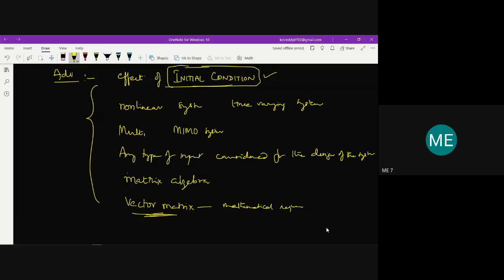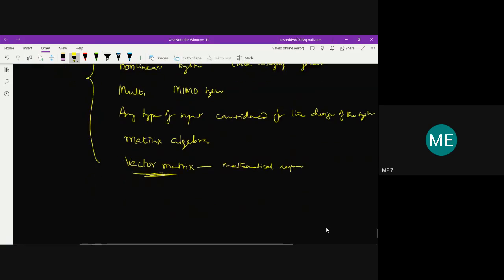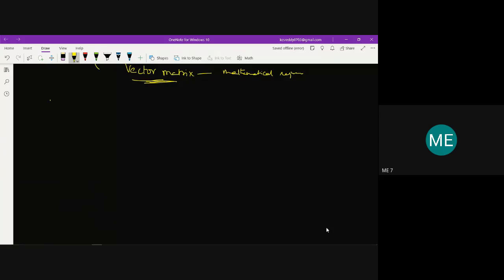Now we'll come to what is state variable analysis. Before that, what is meant by state? Suppose the system is at t equal to 0, and as time increases, the behavior of the system at a particular point of time is what we call the state of the system.